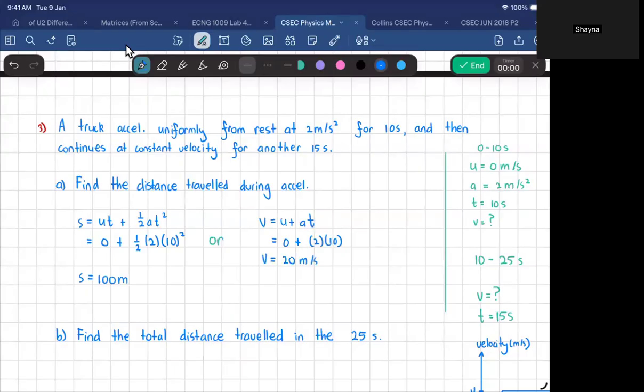If I know that the final velocity was 20 meters per second, could I use that to figure out the distance traveled? Yes, sir. How? You could use S equals U plus V by time over 2.